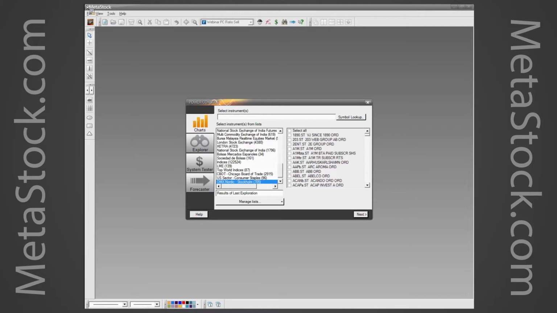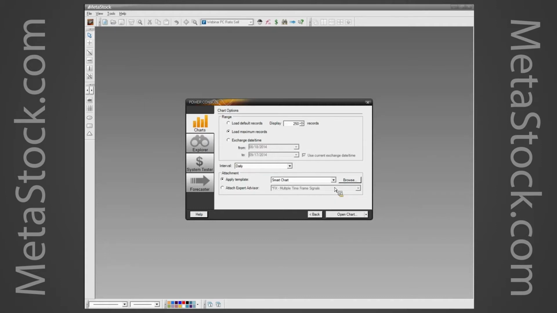Okay, I've just got MetaStock Pro 13 Power Console open here, so I'm going to go to the system tester. Excuse me, I'm going to actually start with a chart. So I'm going to open up a chart of the symbol SPY, which is the S&P 500 exchange traded fund.